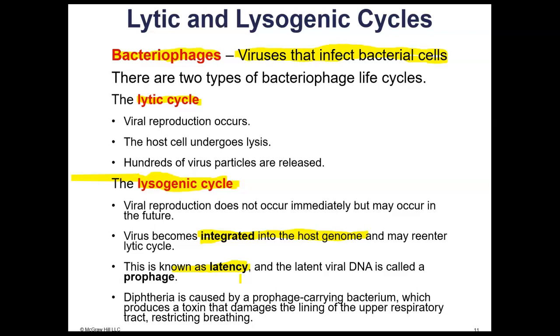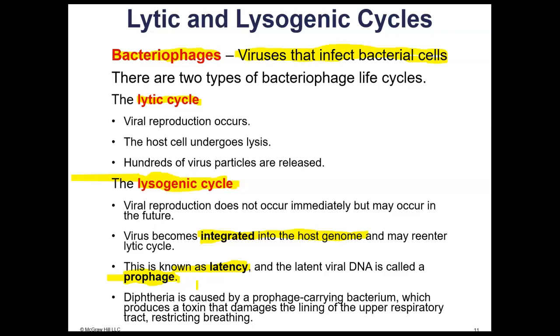And the latent viral DNA is called a prophage. I keep saying DNA or RNA, but bacteriophages are DNA viruses, so we can just say DNA. The viral DNA that's incorporated into the host genome is known as a prophage.